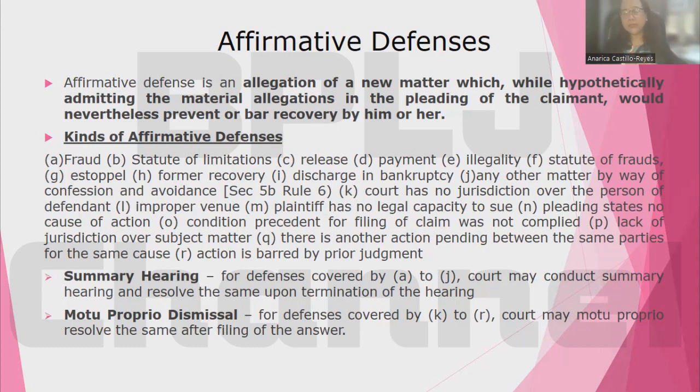So for the defenses covered by A to J, the court may conduct a summary hearing, while for the defenses covered by K to R, the court may motu proprio, without any motion, resolve the same after filing of the answer.